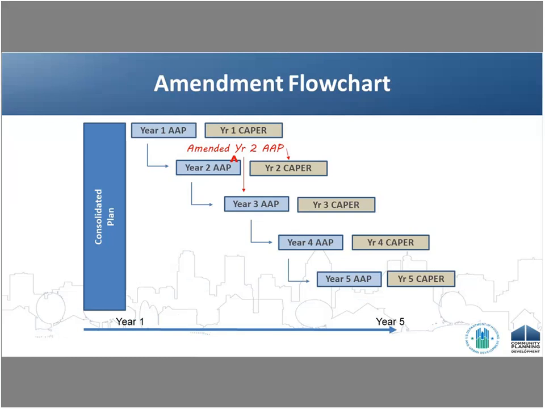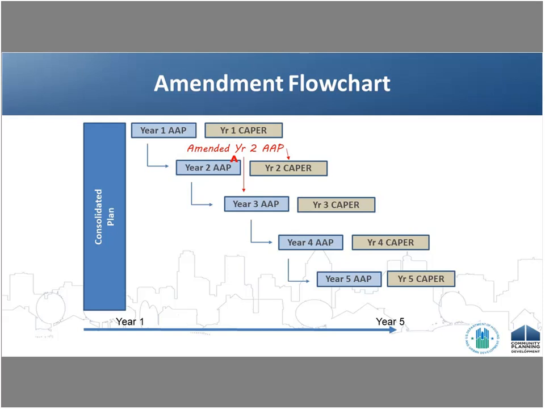As we know, the CAPERs are due to HUD 90 days after the start of the program year. But it's very important if grantees are making any changes to their plans and they create an amendment, that they should hold off from creating that CAPER until they complete their amendment and HUD has marked that amendment as review completed.